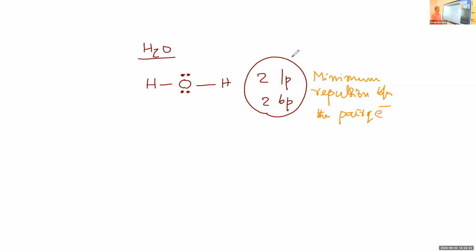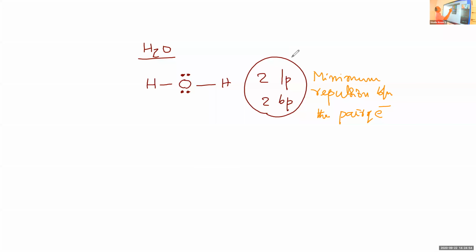The repulsion between the electron pairs should be the minimum so that the structure has the highest stability. So to have maximum stability, there should be minimum repulsion between the electrons. And how are these 4 pairs of electrons arranged around the oxygen atom to have minimum repulsion?